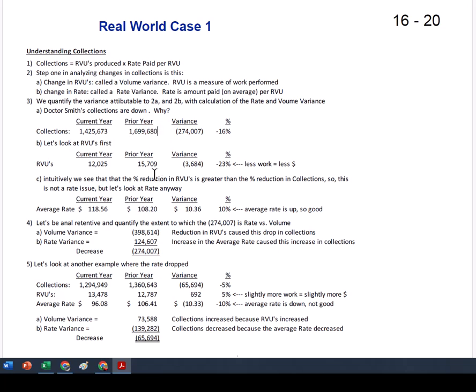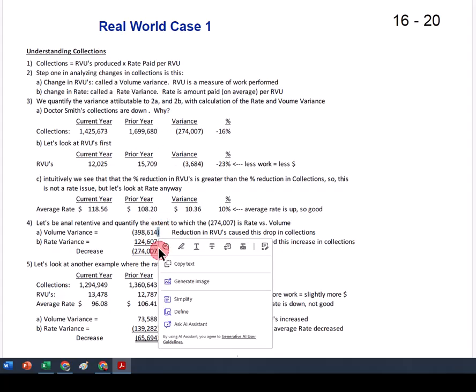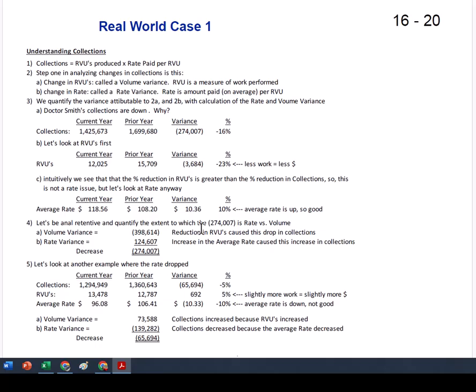Let's look at your RVUs, basically a rate and volume variance, right? Because the first place, just like we did, if physicians' collections are down: are you doing less RVUs?